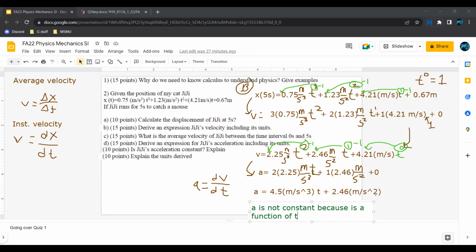So as t changes, acceleration will change. That just means it still has a t variable. That's what function of t means.